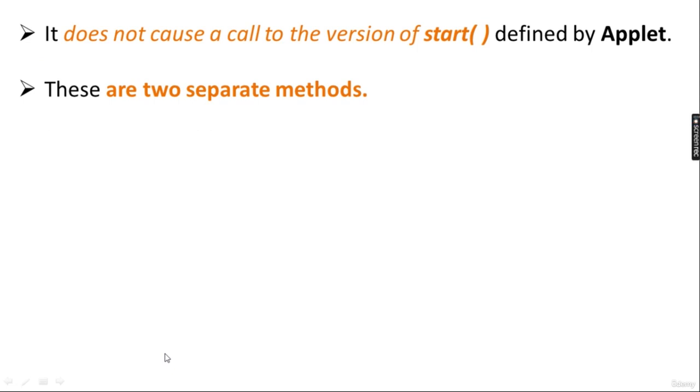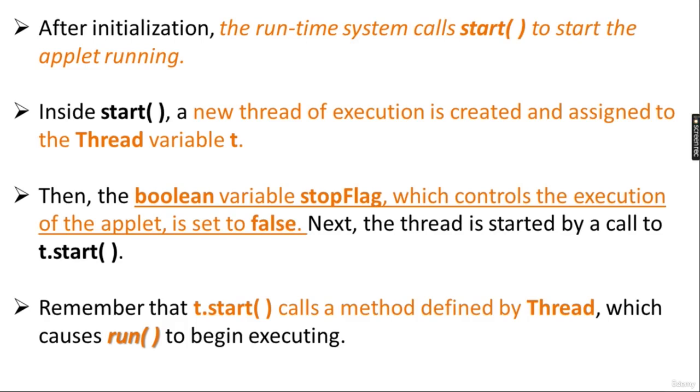So it is not starting the applet by the start method, because this class is implementing the Runnable interface. It is calling the Thread method run, so t.start will start the run method of the Thread class.